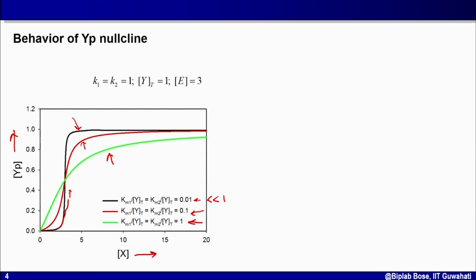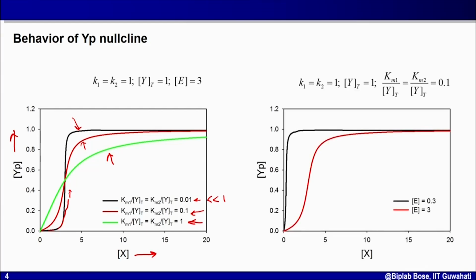Another parameter that will affect the shape of this nullcline is E, the total amount of phosphatase present. What I have drawn here keeps the ratio of Michaelis-Menten constant to the total amount of Y at 0.1, but I have varied the value of E. When E is small, 0.3, I get this sharp black curve, whereas when E is bigger, 3, I get a smooth sigmoid behavior, and the curve shifts towards the right.